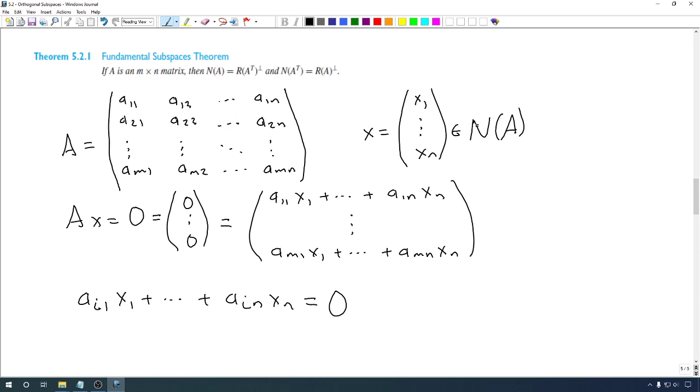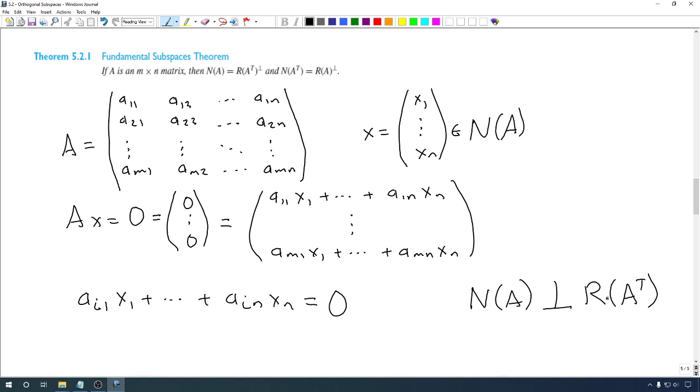Therefore, every single thing in the null space is orthogonal to everything in the row space, and so the null space and the row space, written in this way, sorry, that should be a T, these are orthogonal to each other.